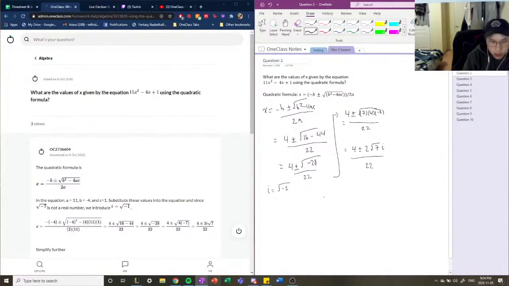So we have found our two solutions. Therefore, the solutions are 4 plus 2i root 7 over 22, and 4 minus 2i root 7 over 22. You can also simplify this.